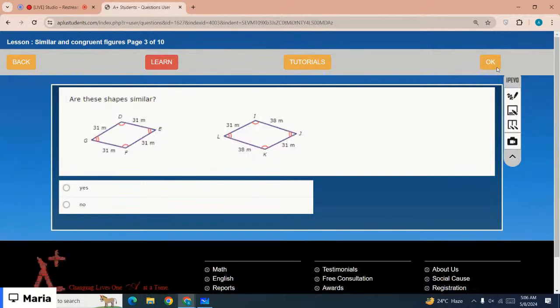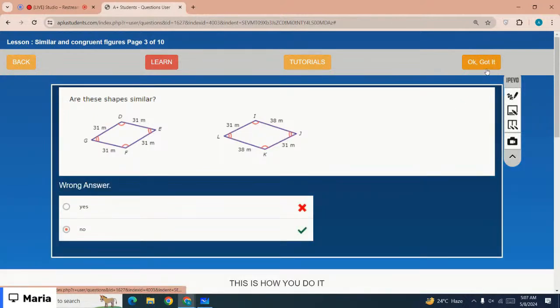Are these shapes similar? Yes, they are similar. Why no?